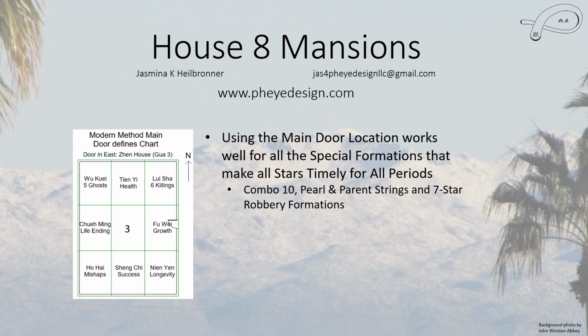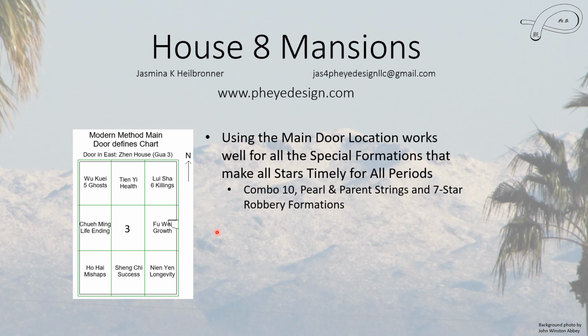So in general, if you use this system, using the main door location works very well for all the special formations that make all stars become timely for all periods, and these are the 4 that do. And this works particularly well with the 7-star robbery formation because you have to have your main door where your double stars are, and that will either be in the facing or the sitting sector of the house.